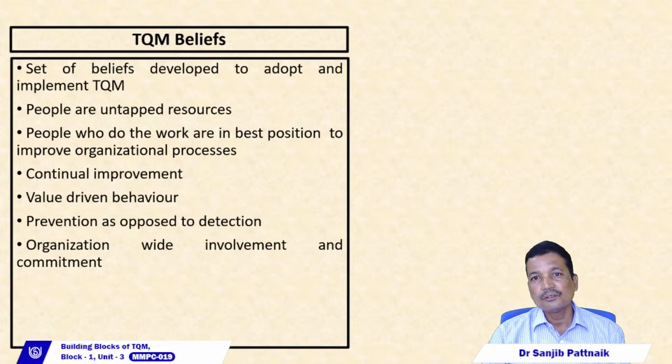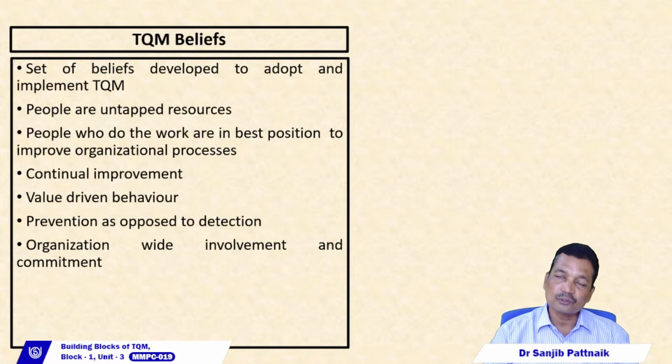One should think from the TQM angle that people can come up with very good ideas, very innovative ideas. That means they are the best resources since they work in the processing line.